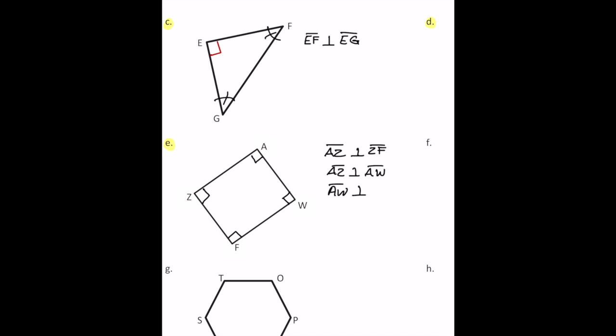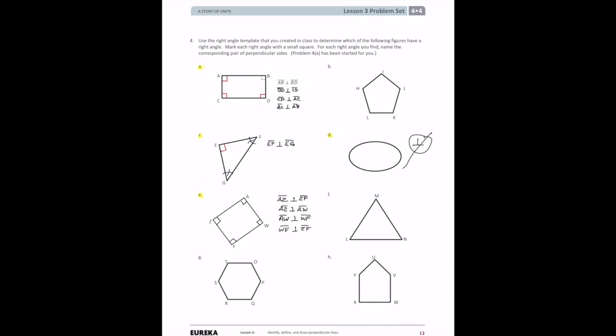AW is perpendicular to WF. And WF is perpendicular to, let's call that ZF, just to stay consistent. Okay. And anything else? More or less, you can look at the other shapes, and it's your turn to have some fun there. Okay.